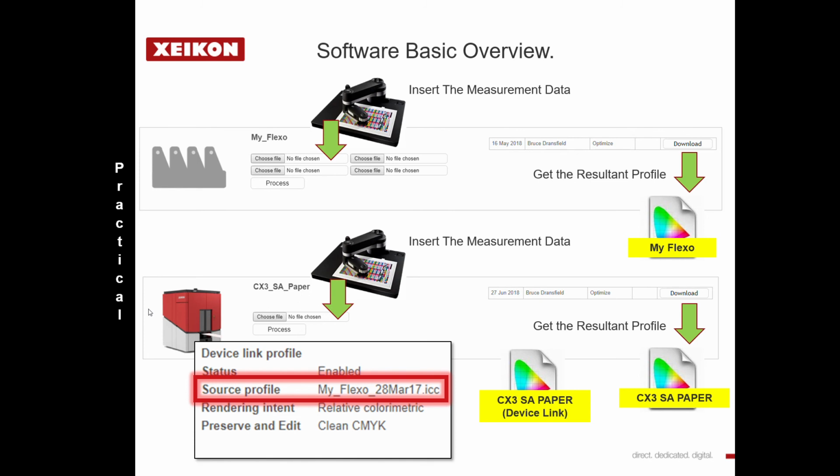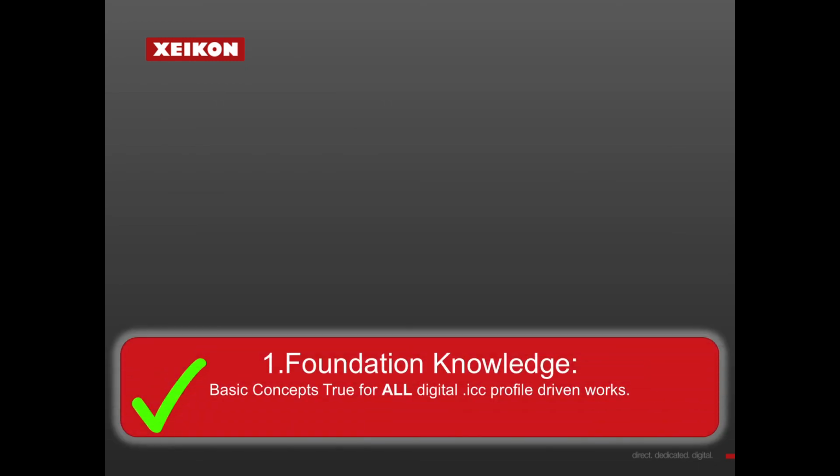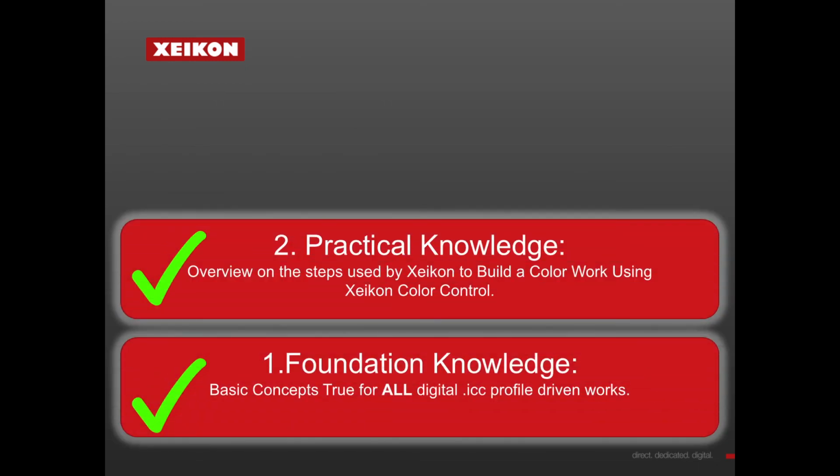For this presentation, I'm not going to go too deep into what a device link is. And so now we have the foundation. And the practical knowledge you need to understand is that we print, we measure, and we create a profile.